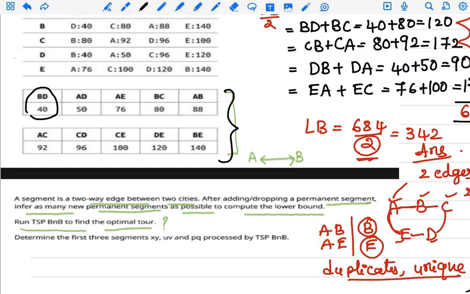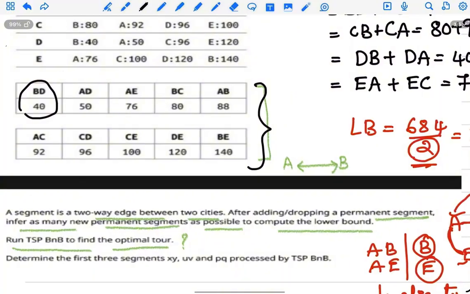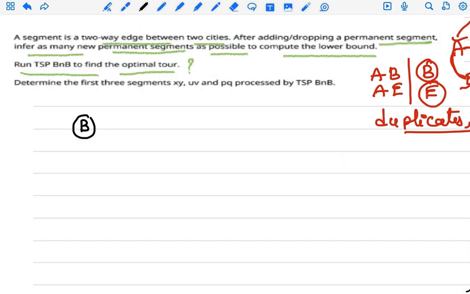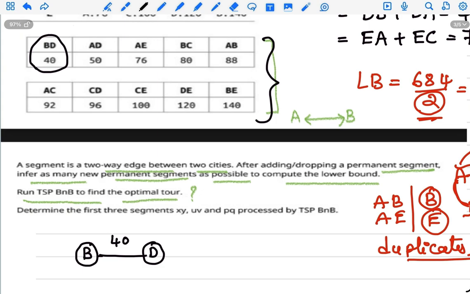BD. BD has the least distance, which is 40. Nodes B and D. This is the first edge, and the distance from B to D is 40. Why are we selecting it? Because this is the lowest in the distance matrix.